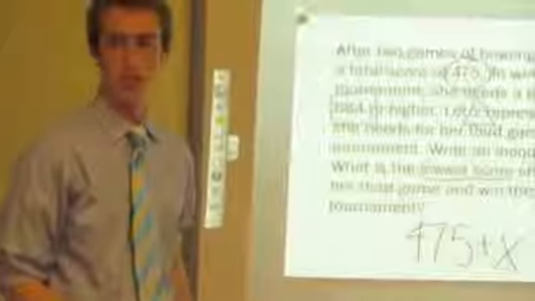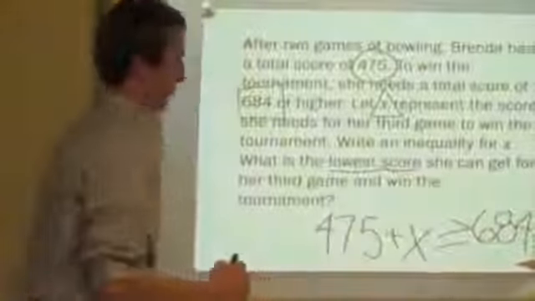So we're going to add X on there. And we just said that we're going to have greater than or equal to, because if she gets a 685, she still wins. So let's throw that greater than or equal to in there. Alright, so now we have our inequality. So let's try to solve it.